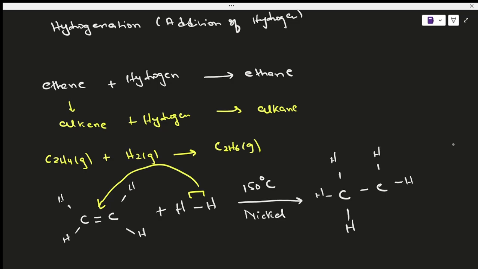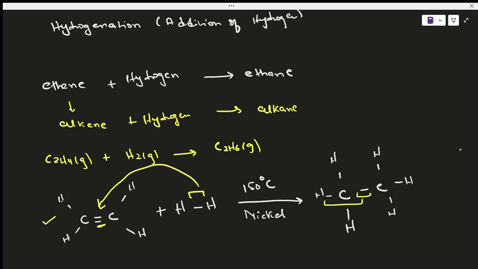And what has really happened? This double bond here has broken, and once it has broken into a single bond, one carbon, we know, can make 4 bonds. Here the carbon had made 4 bonds, but once this double bond was broken, it only had these 3 bonds.